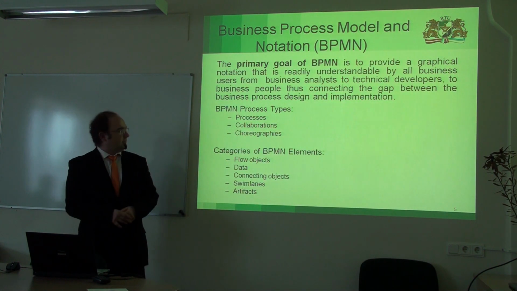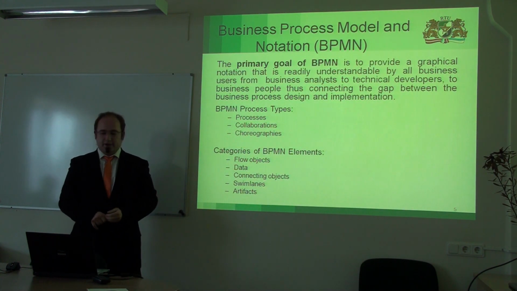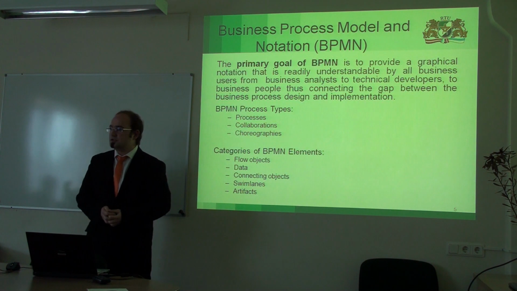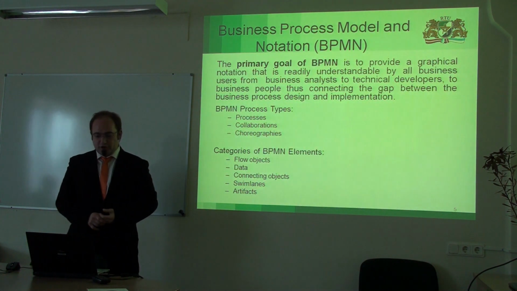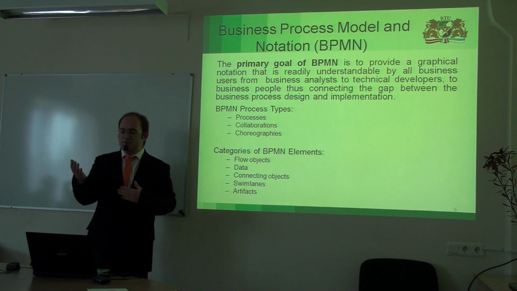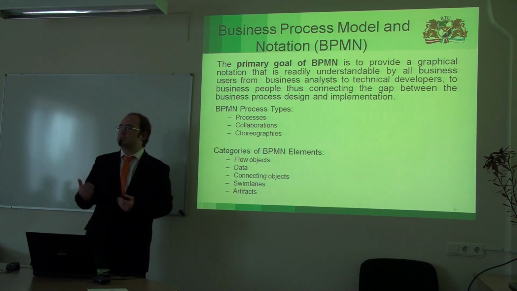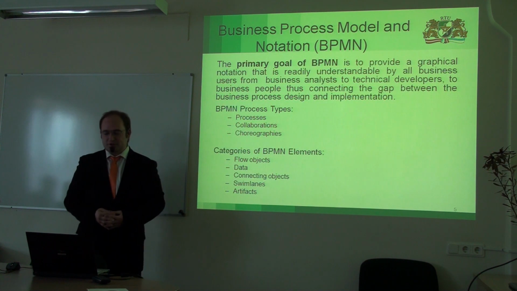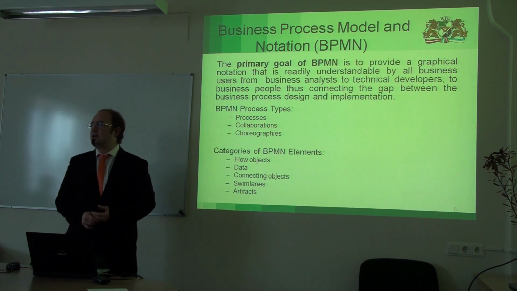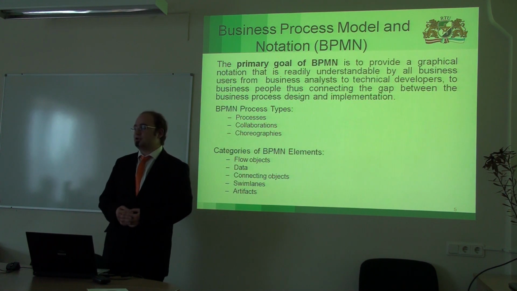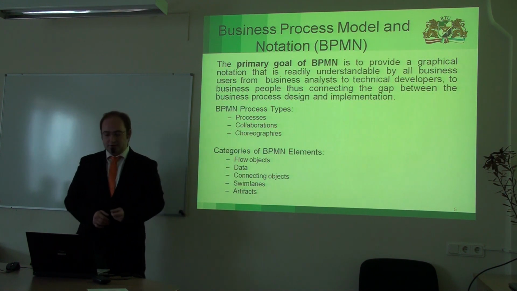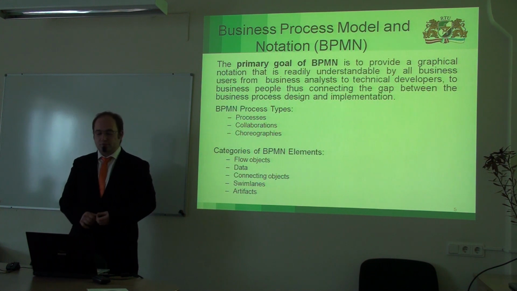Processes are further divided in private and public processes, as well as private executable and non-executable. Collaborations are used in order to depict conversations between process participants, and choreographies show the communication between participants of the process.